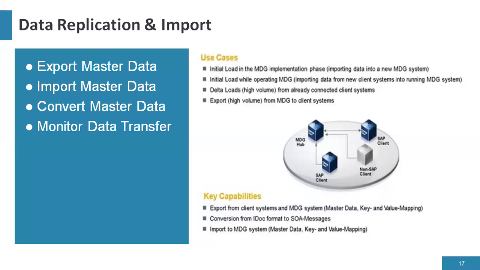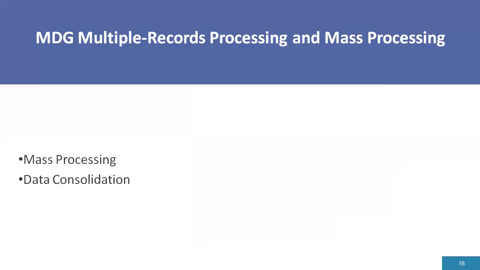Also, in this particular chapter, we are going to talk about value mapping and key mapping, which is a very important scenario in terms of data replication. Then we will talk about some latest concepts, like data migration. For data migration, we have data consolidation and mass processing.